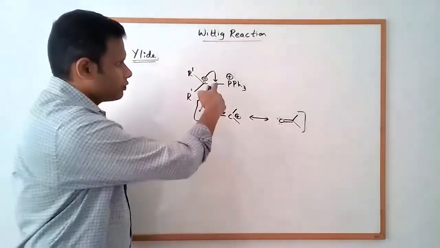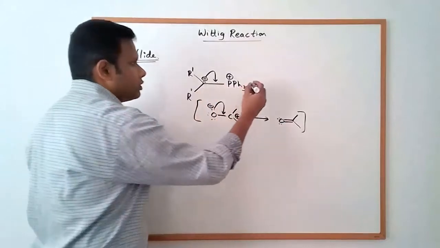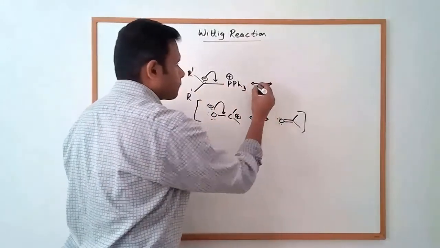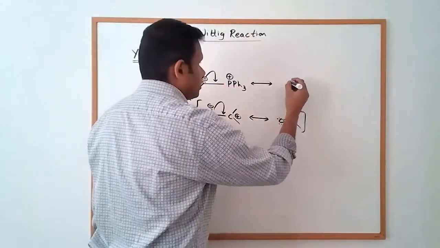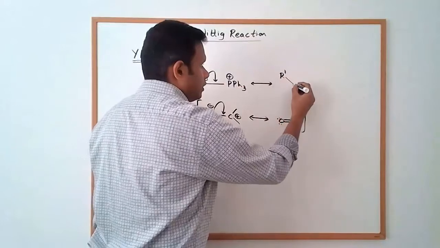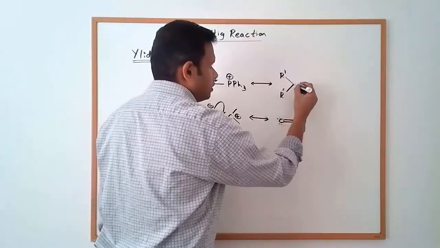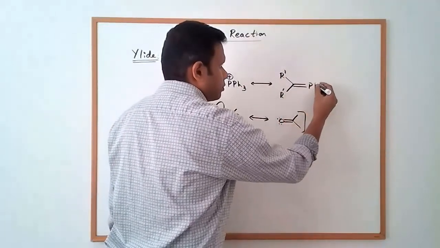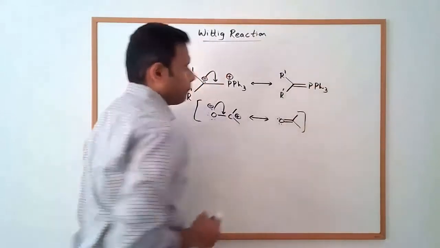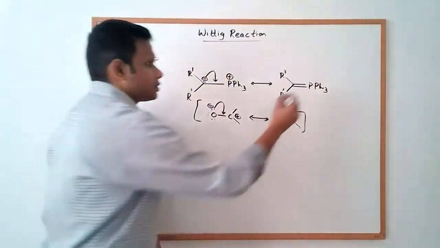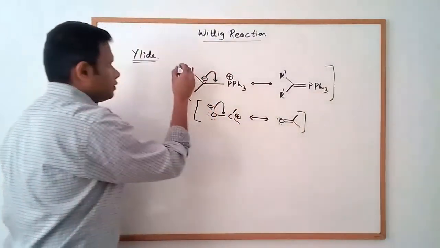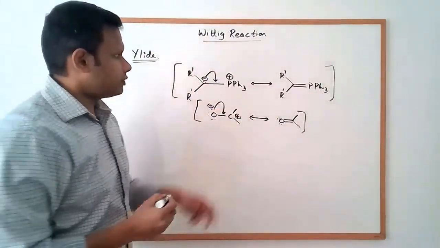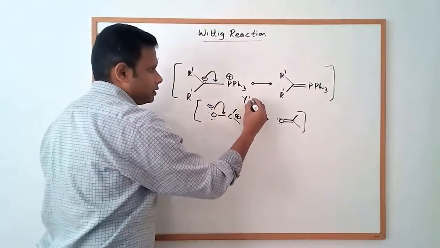Very similarly, we can do something over here, where now we have a double bond between the carbon and the phosphorus, and we get to that structure, which is the neutral form of the ylid. So that's the ylid.